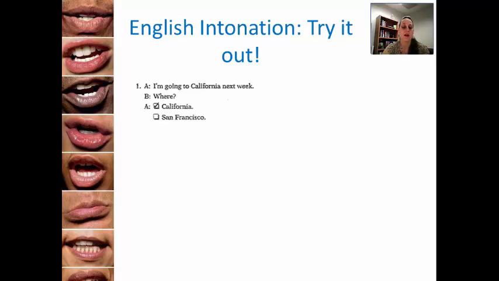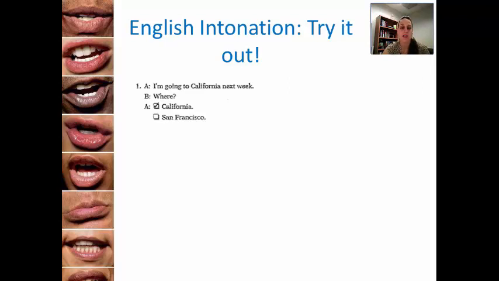So if I was going to ask this question, person A says, I'm going to California next week, and person B can say where in two different ways. They can say it using a falling intonation, or they can say it using a rising intonation. The first way I'm going to say it is by using a falling intonation. Listen closely.